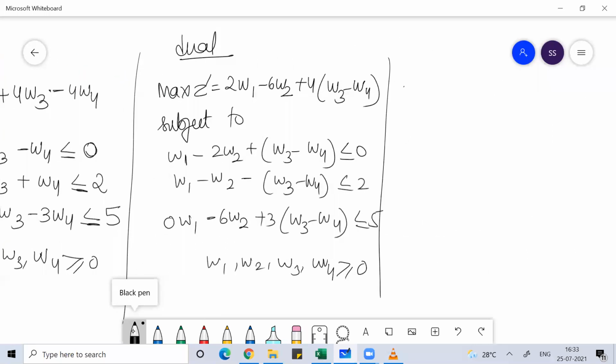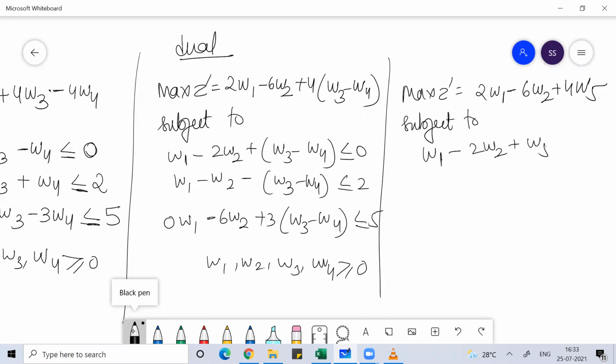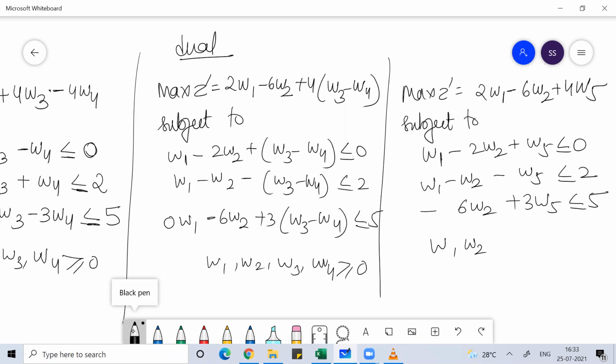To make the equation simple, I can write the same thing as maximum of z dash is equal to 2w1 minus 6w2 plus 4w5, subject to w1 minus 2w2 plus w5 less than or equal to 0, w1 minus w2 minus w5 less than or equal to 2, and minus 6w2 plus 3w5 less than or equal to 5, where w1, w2 are greater than or equal to 0, w5 is equal to w3 minus w4, and w5 is unrestricted. Like this you can write unrestricted.